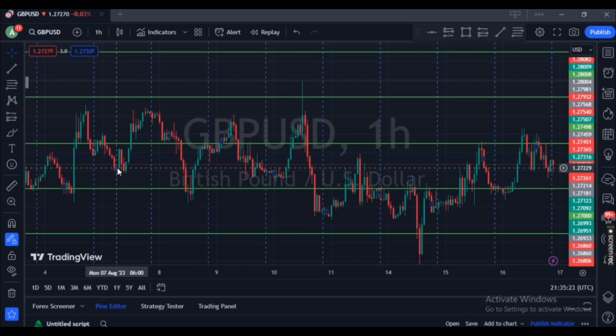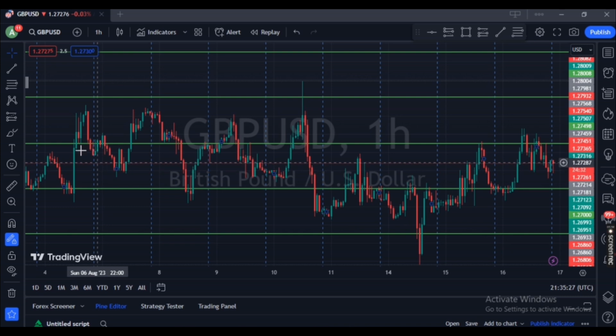Whenever a market is buying and it starts selling, the point where the market starts to sell from is called the resistance. And whenever the market is selling and it starts buying, the point where the market starts buying is called a support. Okay, so guys, let me show you something.